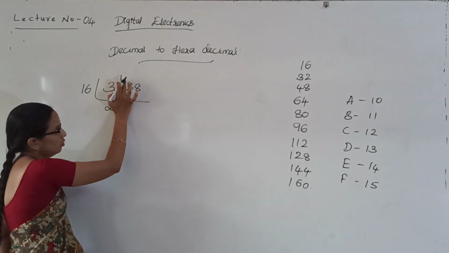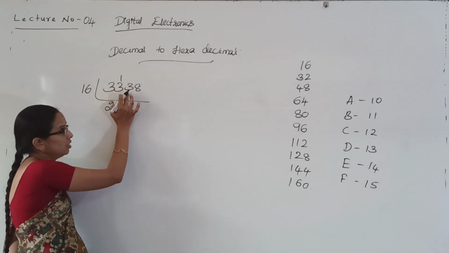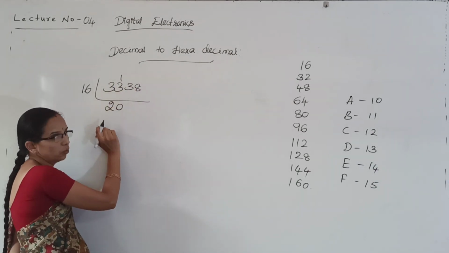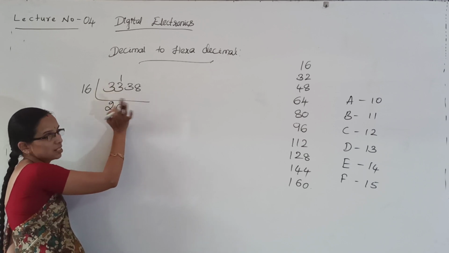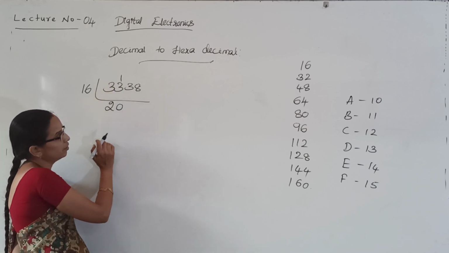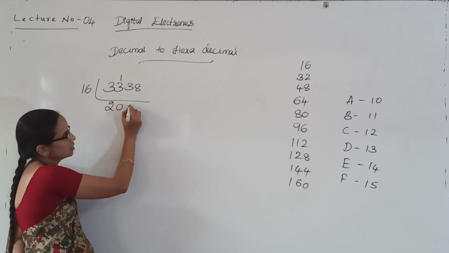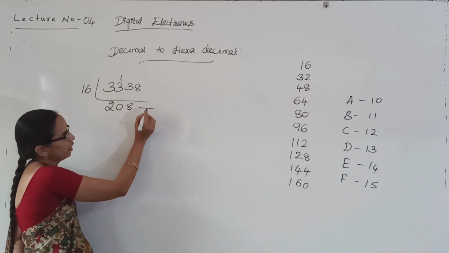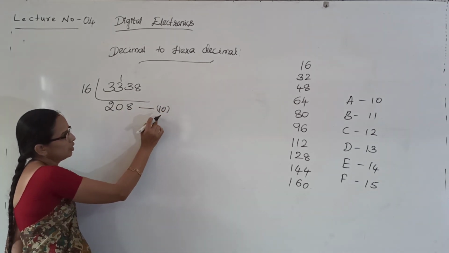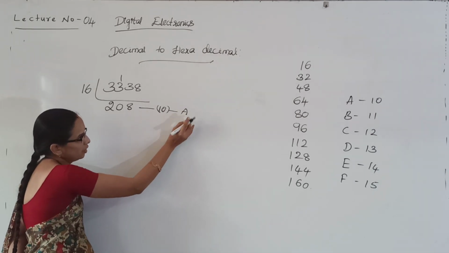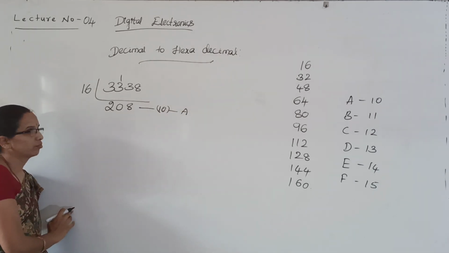If you take into consideration this 3, it will not be enough to put 0 because 13 is less than 16. 138, so 138, 16 8s are 128. What is remaining? 10 is remaining. That will be 8. Okay.